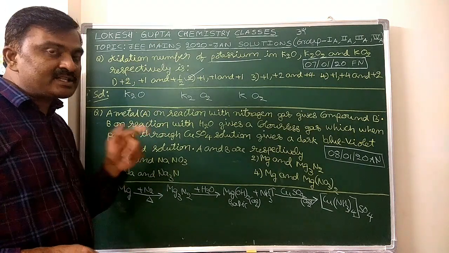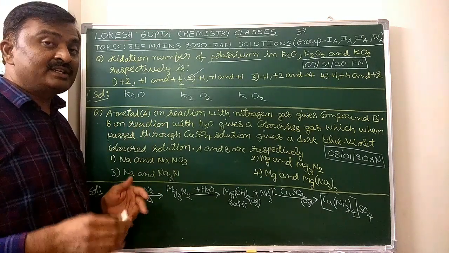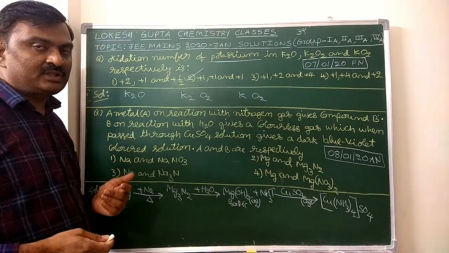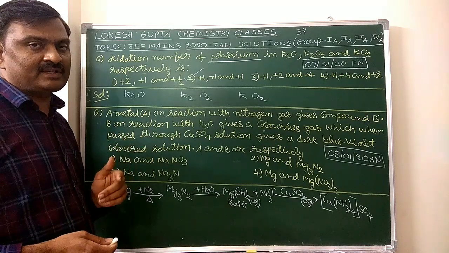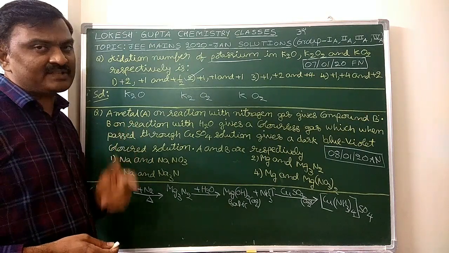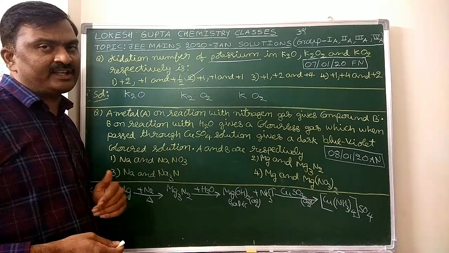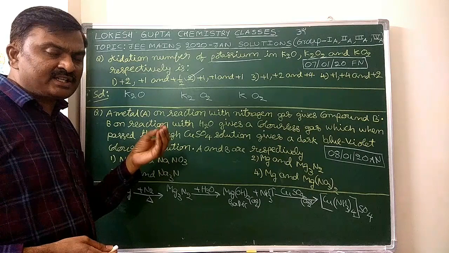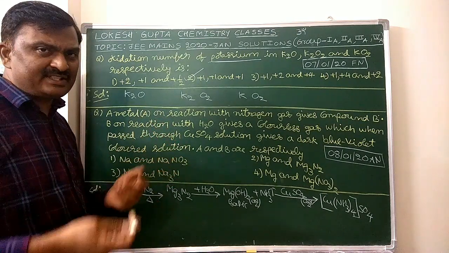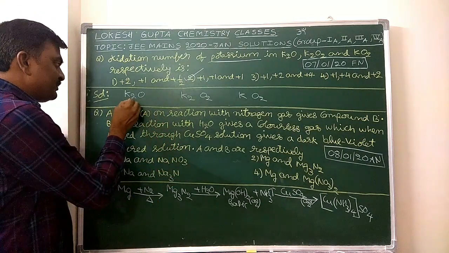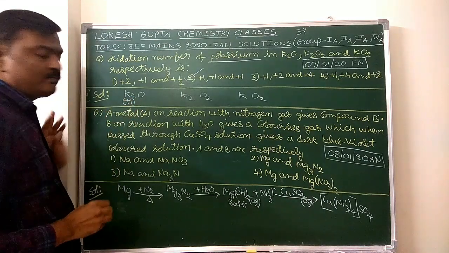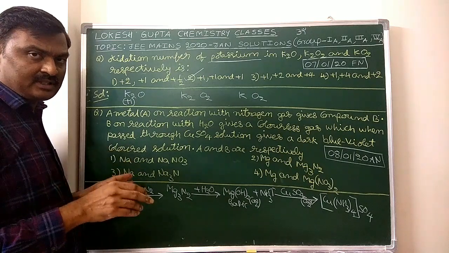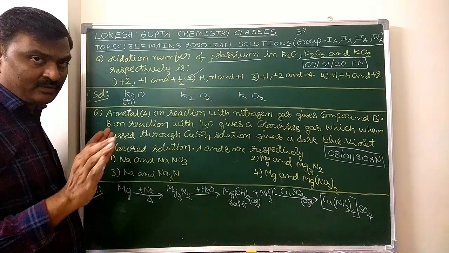If they ask the oxidation number of oxygen, see, in the oxides, the oxidation number of oxygen is -2. In the peroxides, -1. In superoxides, -1/2. In the ozonides, -1/3. How to identify whether it is a monoxide or peroxide? In this case, that is easy only. See, potassium oxidation number we know is +1. The sum of the oxidation numbers of all the atoms in a chemical species equals the charge.